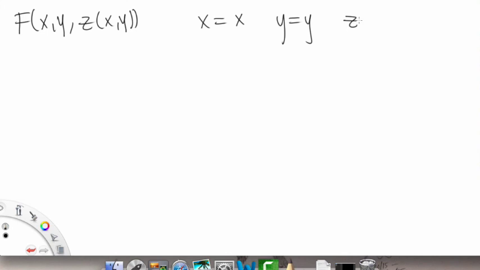So we're starting with this function of x, y, which are independent variables, and then z, which is dependent on our x and y. So x is equal to x, simply, y is equal to y, and z is equal to z of x and y. Let's say we were to differentiate. We're going to take the partial derivative of f with respect to x.